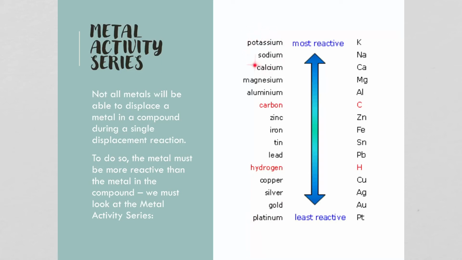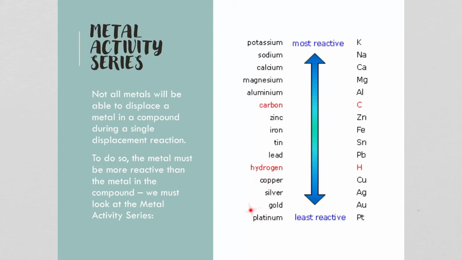Potassium, sodium, calcium, magnesium, etc., they're more reactive because they do react with water and air. And it also makes sense when you look at where they're found on the periodic table. These are found on the left side of the periodic table. So remember, reactivity of metals increases as you move to the left.